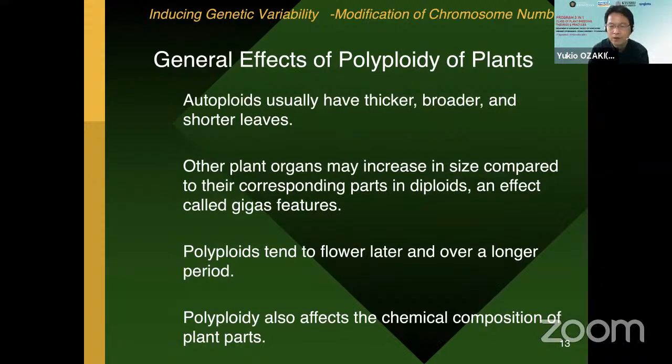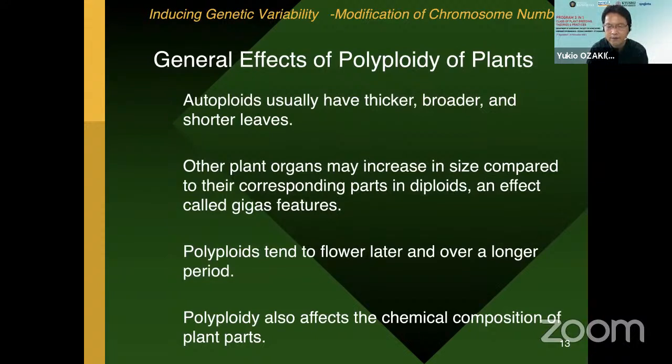Polyploidy also affects the chemical composition of plant parts. For example, artificial polyploidy increased the synthesis of artemisinin, produced by diploid Artemisia annua, twofold to fivefold in induced tetraploids.